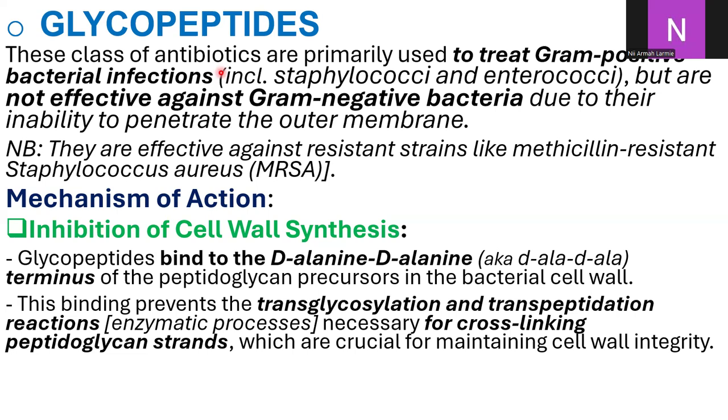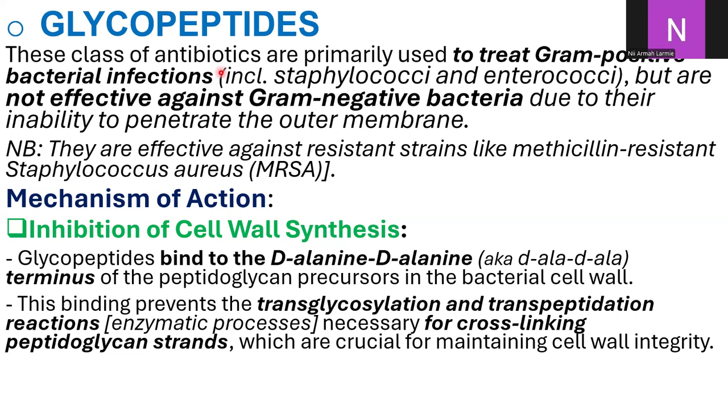The beta-lactam ring binds to the enzyme that is going to do that, whereas the glycopeptides bind not to the enzyme, but directly to the D-alanine terminus of the peptidoglycan, and prevent the transpeptidation reaction. So you note that both of them interfere with cell wall synthesis. That's why we call them cell wall synthesis inhibitors.